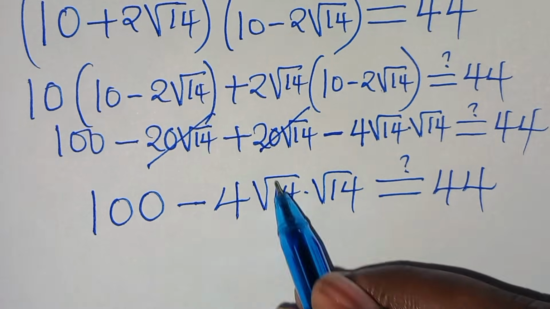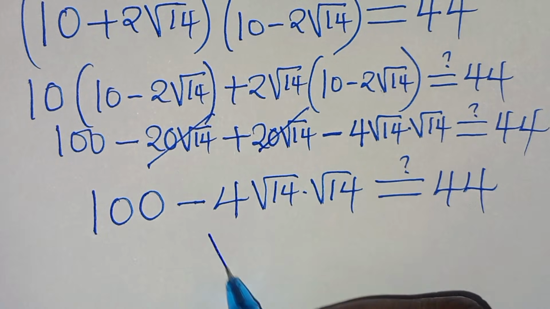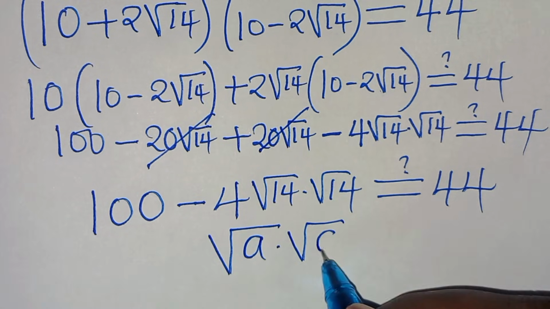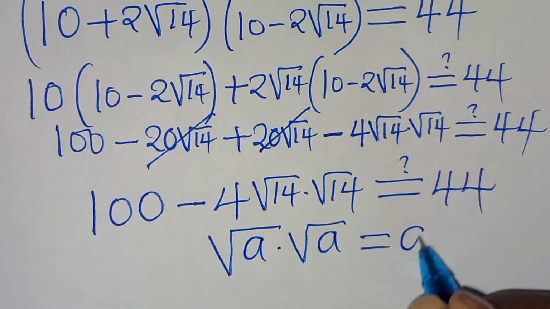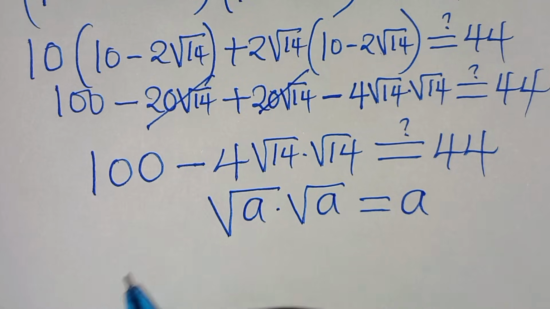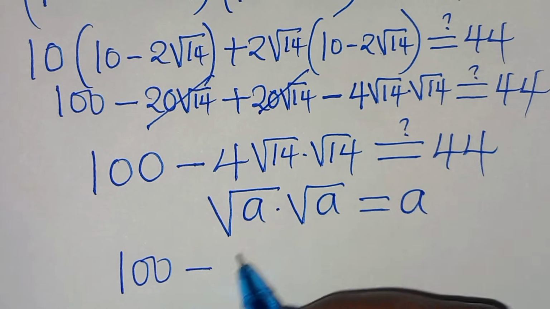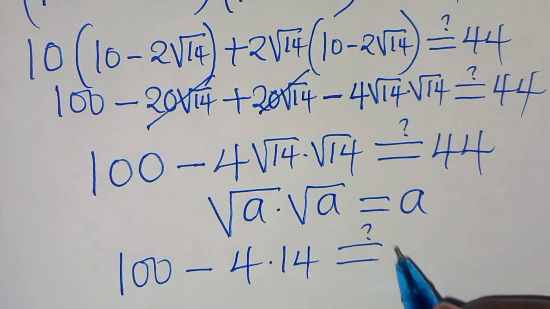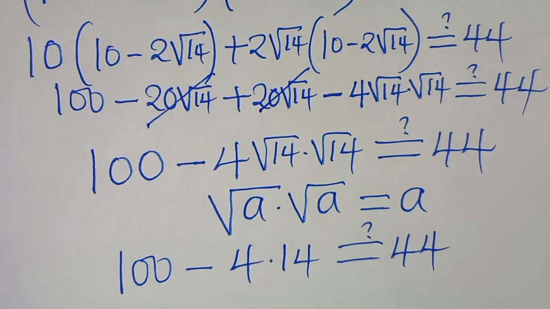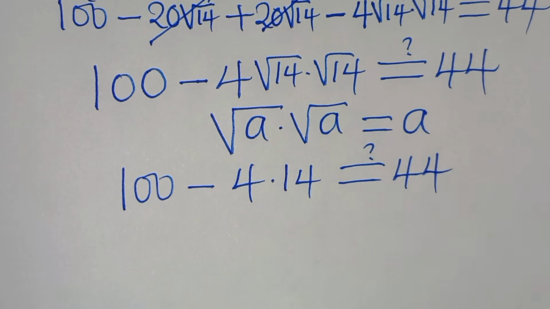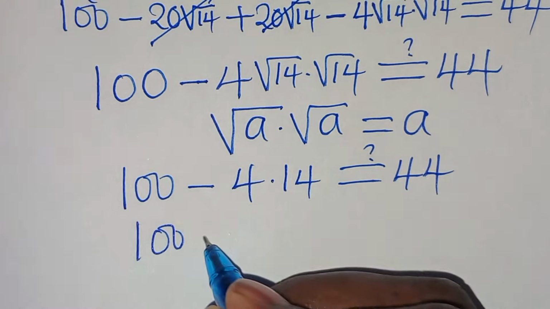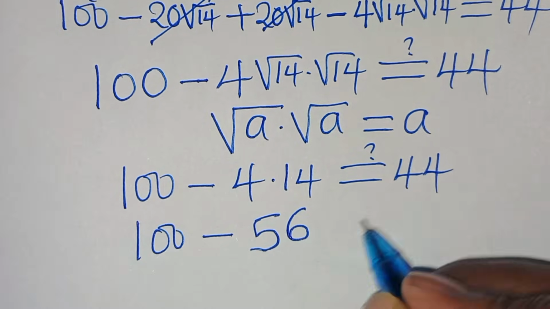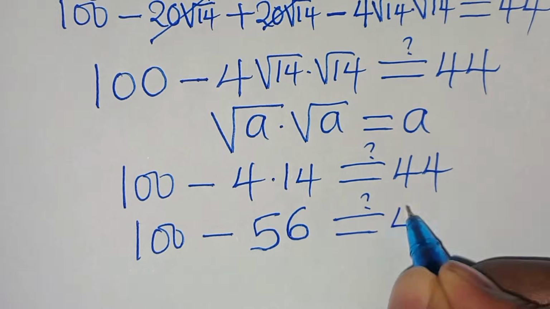We have that square root of 14 times square root of 14. This is in the form of square root of a times square root of a, which is going to give us a value of a. So we have 100 minus 4 multiplied by 14, which should give us a value of 44. Now we have 100 minus 14 times 4, which is equal to 56.